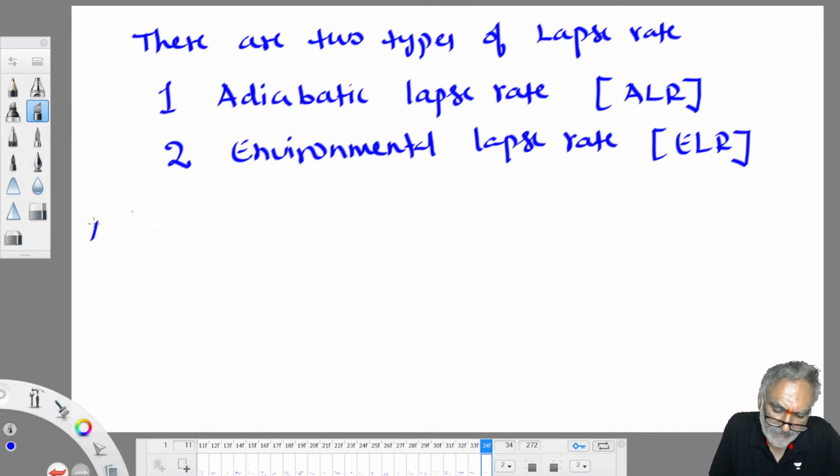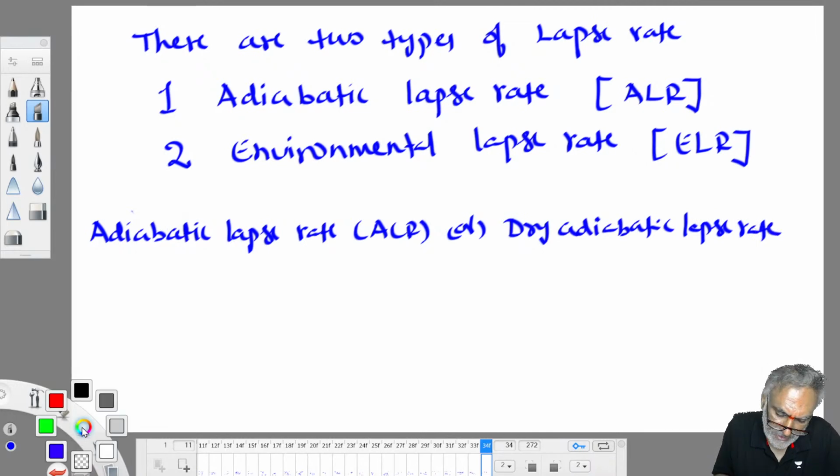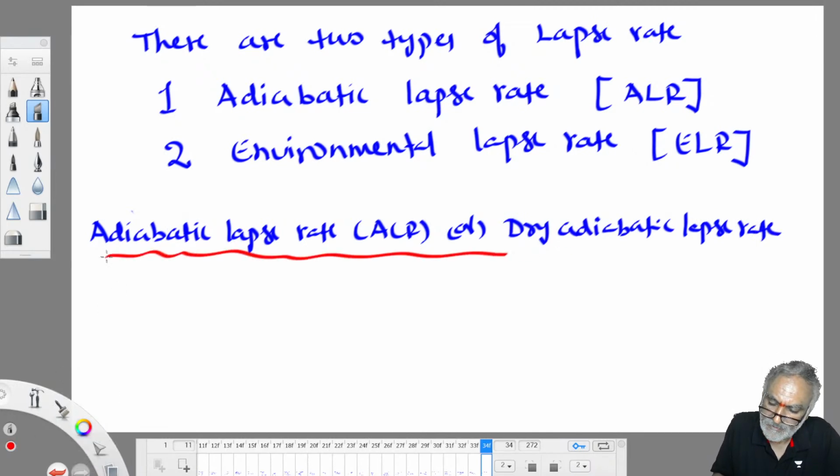Both are the same only. So adiabatic lapse rate or dry adiabatic lapse rate, both are the same. Some people write DALR. Nothing wrong, both are the same.